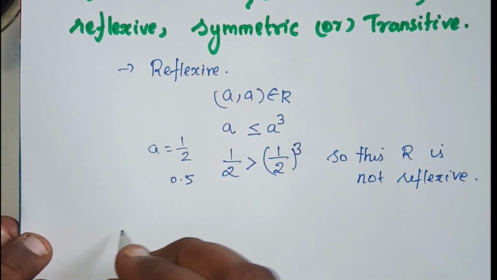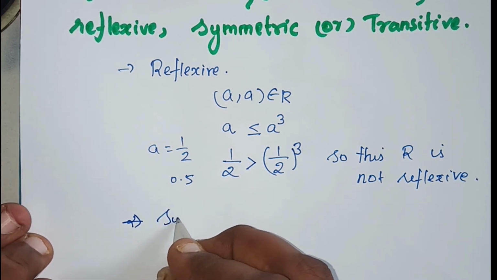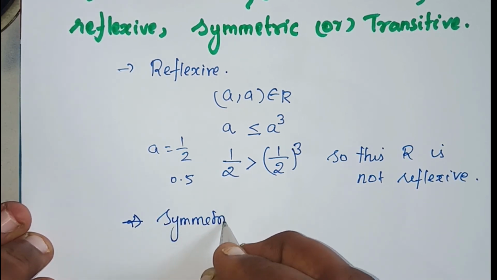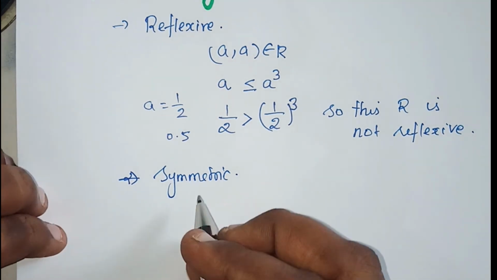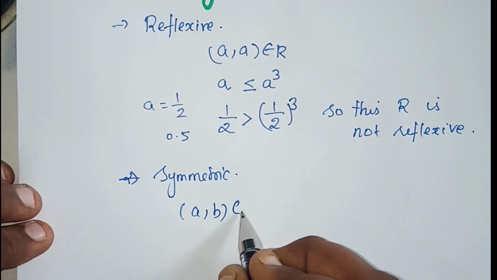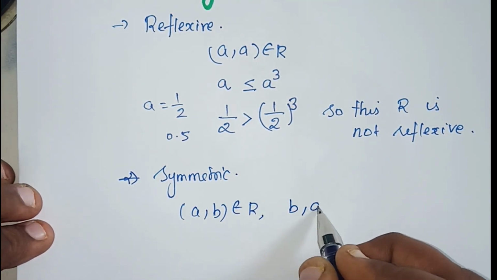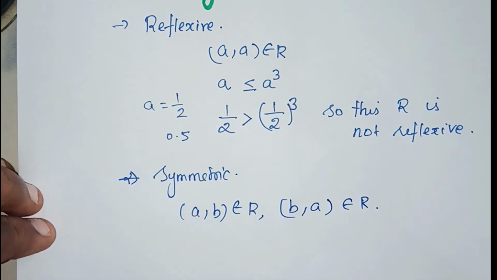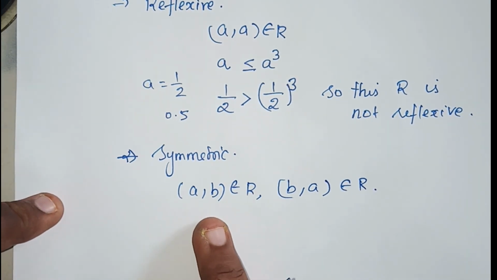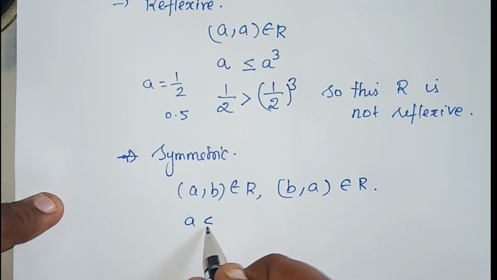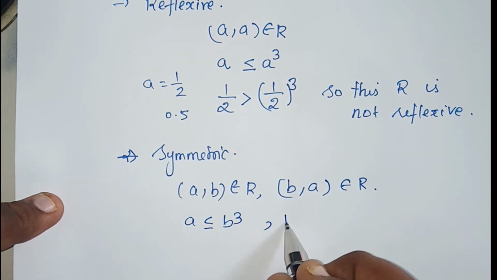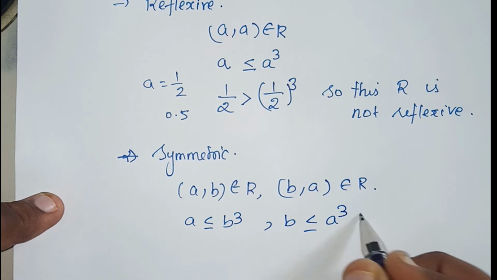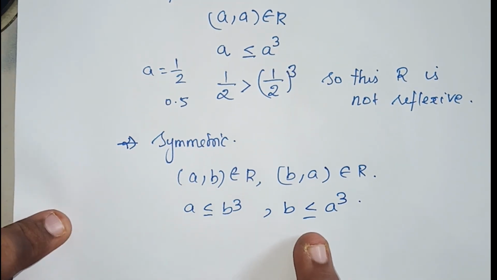Next we need to check symmetric. Symmetric means (A, B) belongs to R, then (B, A) also belongs to the relation. Here it is given as A is less than or equal to B cube. So A less than or equal to B cube means B is also less than or equal to A cube. This condition needs to be satisfied.